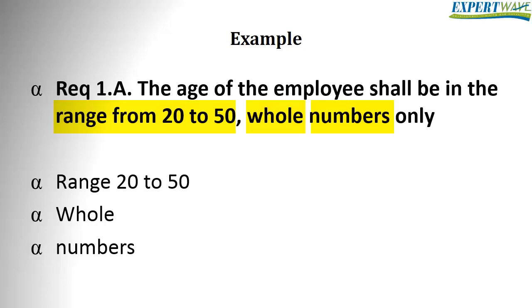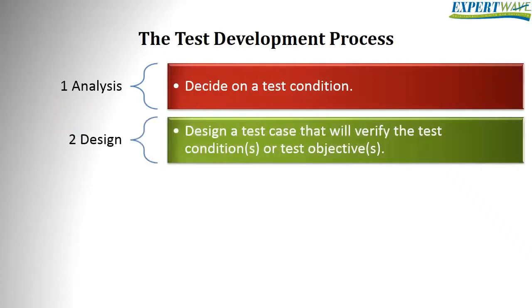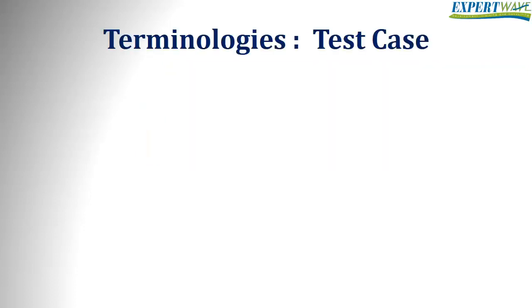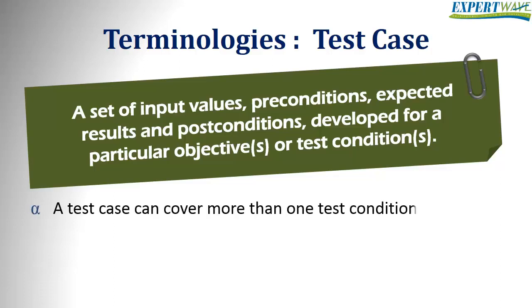The design part of the analysis and design process step means designing test cases that will verify the test conditions or test objectives. So now, what is a test case? A test case is a set of input values, preconditions, expected results, and post conditions developed for a particular objective or test condition.